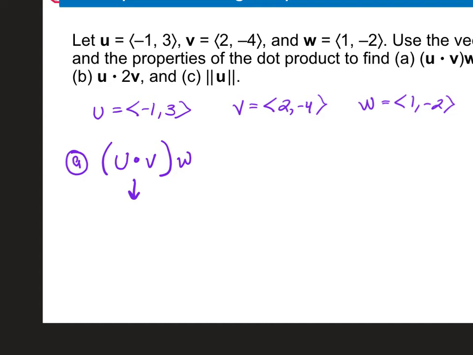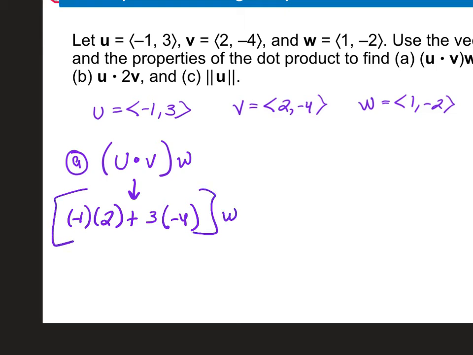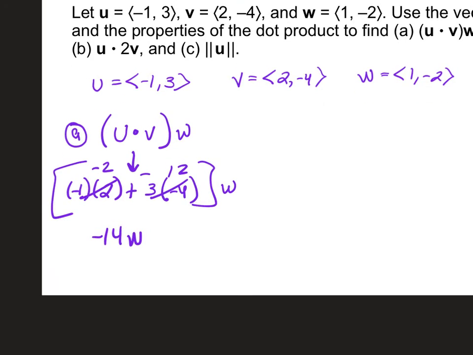So dot product of U and V would be -1 times 2 plus 3 times -4. You guys agree with me? I'm just going to put this in a bracket, and then I'm going to put W down here. So figure this out. This is -2, correct? Minus 12. What does that give me? So I have -14 W.